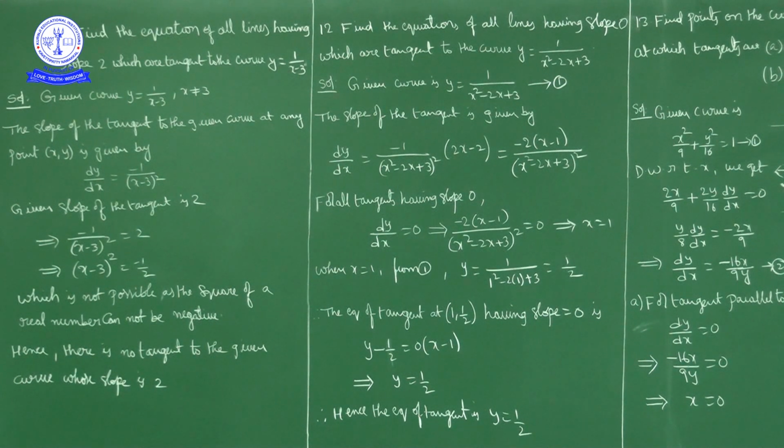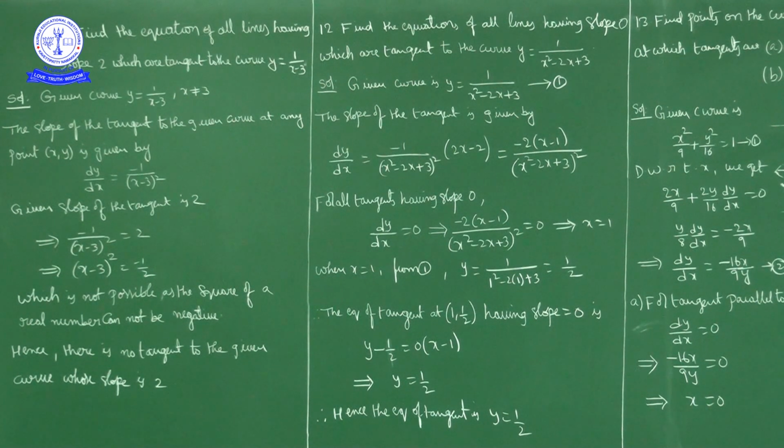Now first of all, what is the given curve? y is equal to 1 upon x minus 3, where x is not equal to 3. The slope of the tangent to the curve at any point (x, y) is dy by dx.